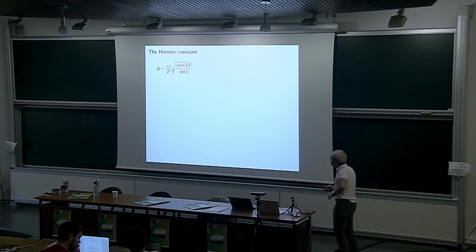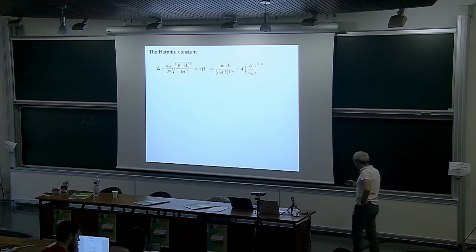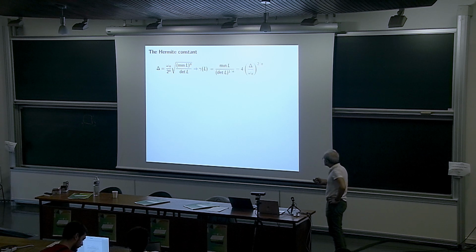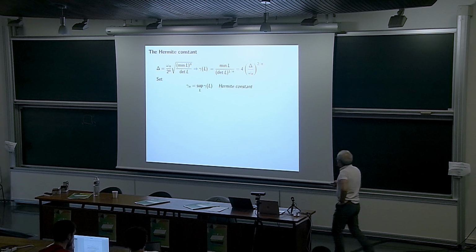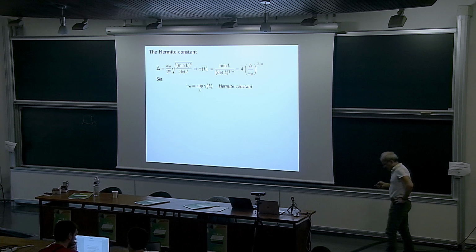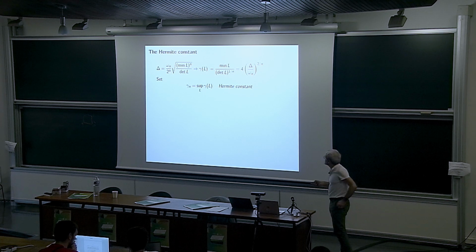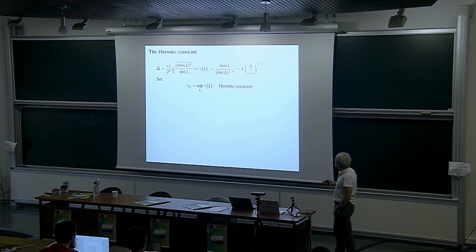So this motivates the definition of the Hermite constant. After a suitable normalization, the density of a sphere packing associated to a lattice is completely determined by this quantity, which we call the Hermite constant of L. And the maximal density in a given dimension is what one calls the Hermite constant in dimension n.